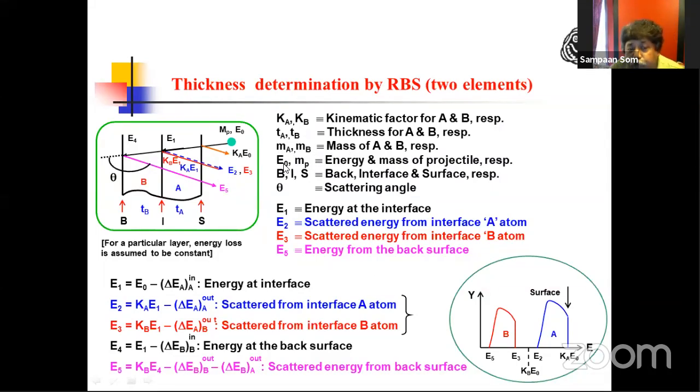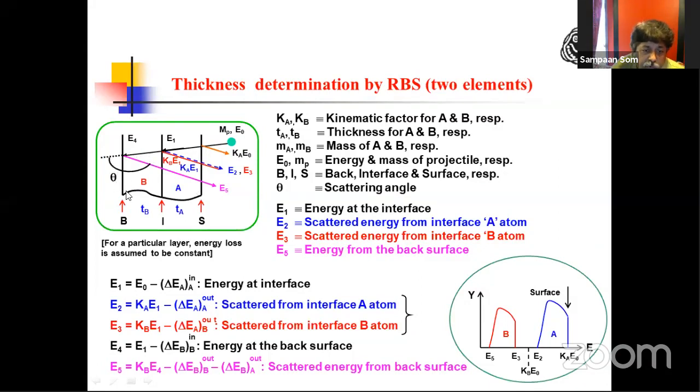If E0 is the projectile energy and mp is the projectile mass respectively, and then if B, I, and A stand for the back, interface, and surface respectively, and theta is the scattering angle, backscattering angle. If E1 then is the energy at the interface, okay, E2 is the scattered energy from interface A atoms, E3 is the scattered energy from interface B atoms, and E5 is the energy from the back surface, okay, from here when it comes back.